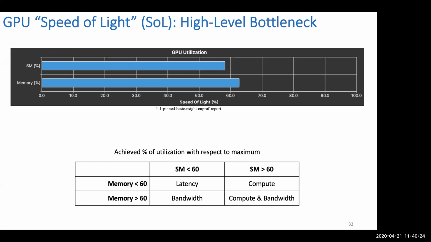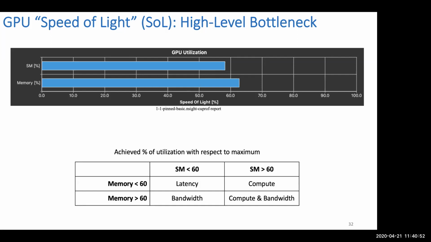Depending on how close you are to any particular maximum capability of the SM or the memory, it will report that. So for example, if I was at 58% of the floating point multiply and accumulate throughput, it would show up as 58%. Or if I was at 58% of the integer addition, it might also show up as 58% here.